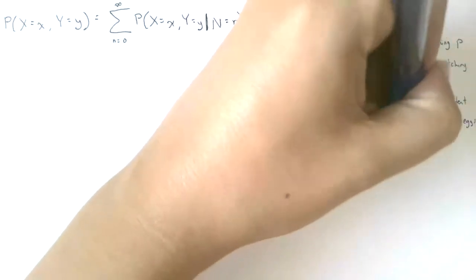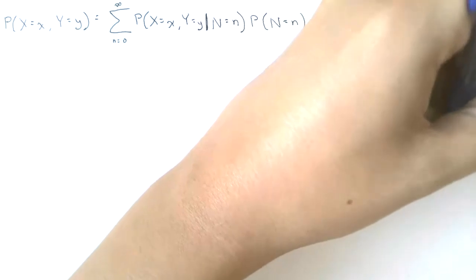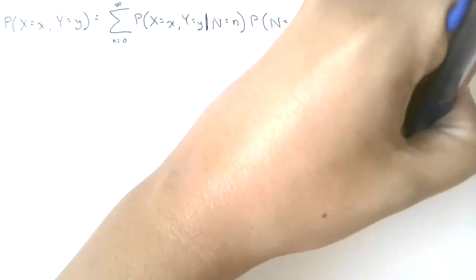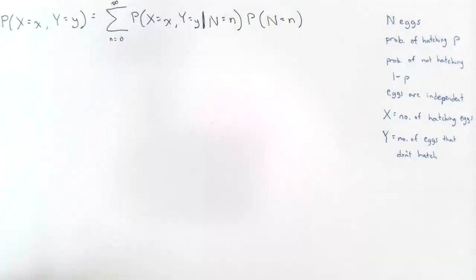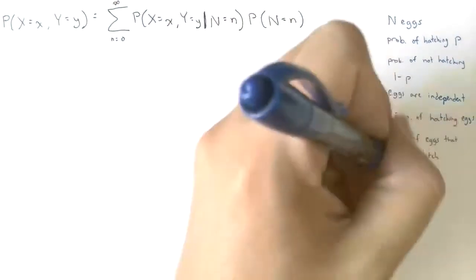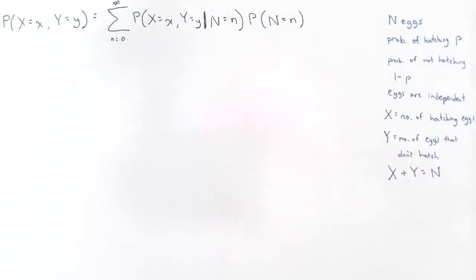And we know that Y is the number of eggs that don't hatch. I think that's all that was given to us. We found out some relationships. I think Renee figured out that X plus Y would equal N. So that's all our given information.